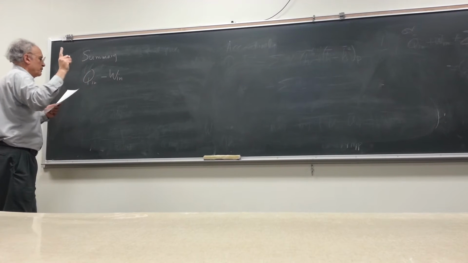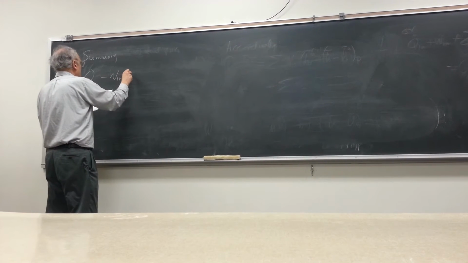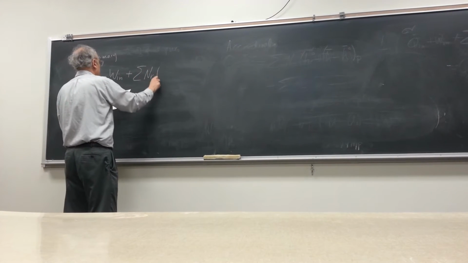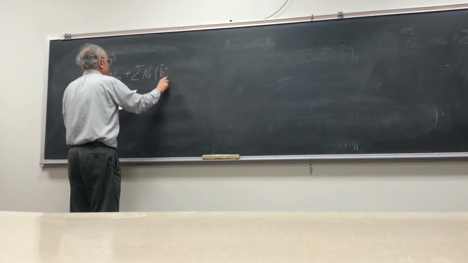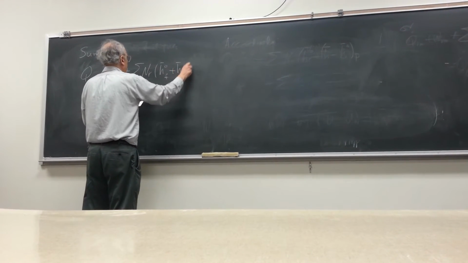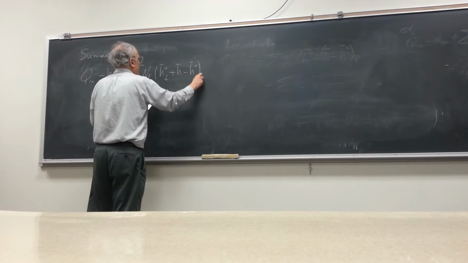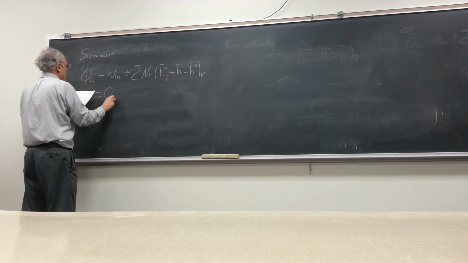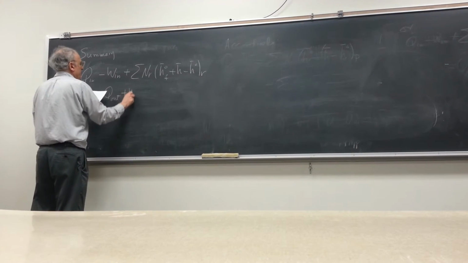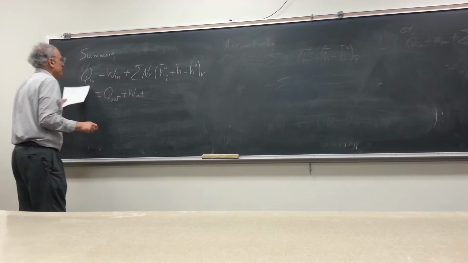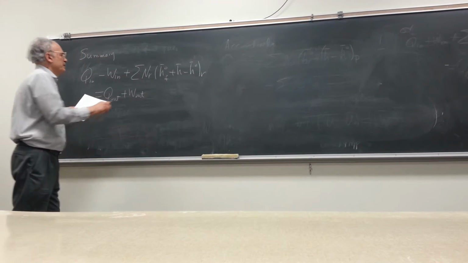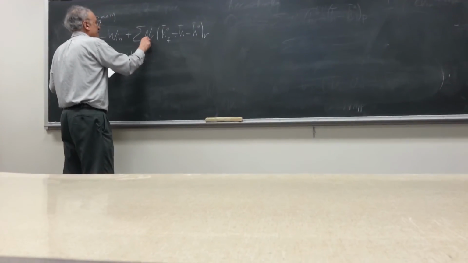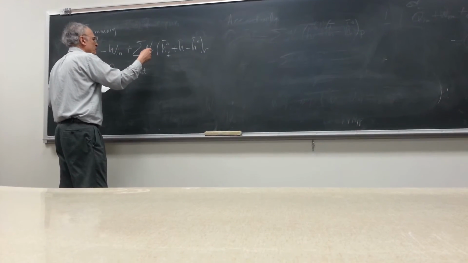Remember, that's per unit 1 mole of fuel, plus the sum of N reactant H for the reactant, must be equal to Q out plus W out. The only difference is we took the dot out and we put the number of moles of a reactant per mole of fuel.